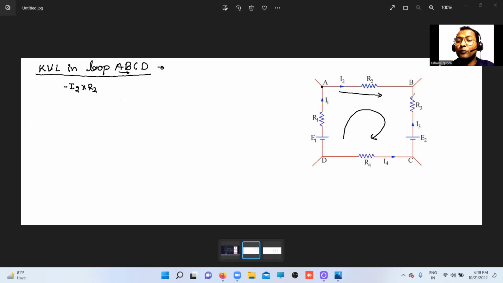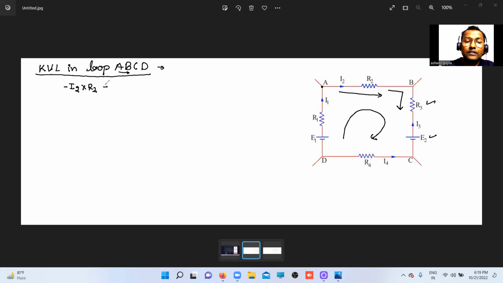Again we will move from B to C. There are two components kept here, that is the R3 resistance and the voltage source E2. We are moving from B to C, but the current is developed in the opposite direction, so our motion and the direction of current are opposite.